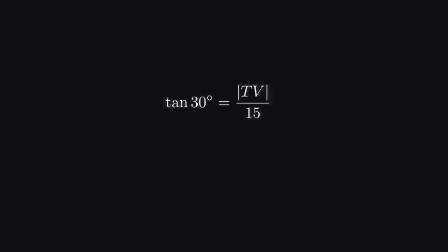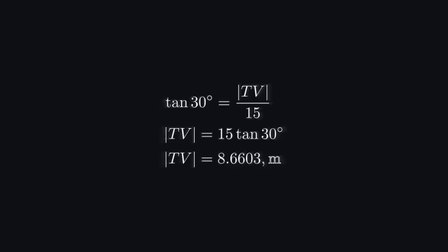Tan 30 degrees equals TV over 15. TV equals 15 tan 30 degrees. TV equals 8.6603 m.